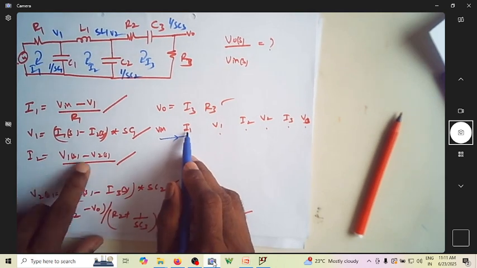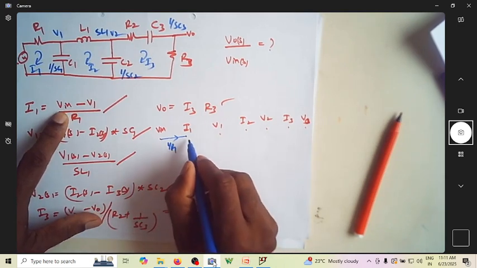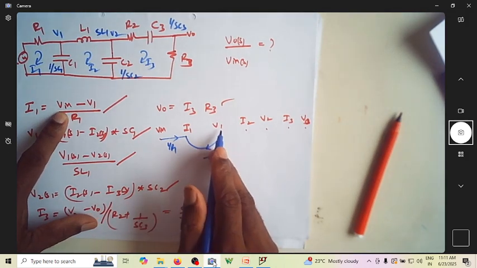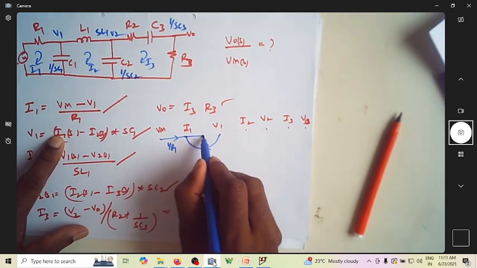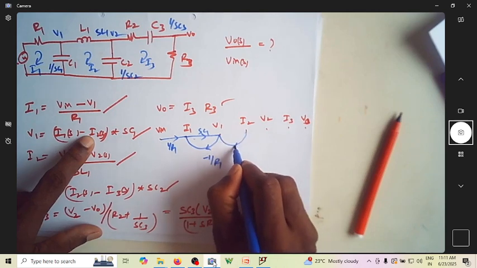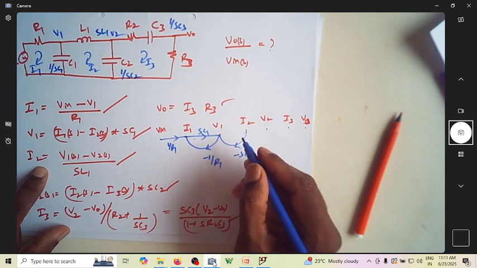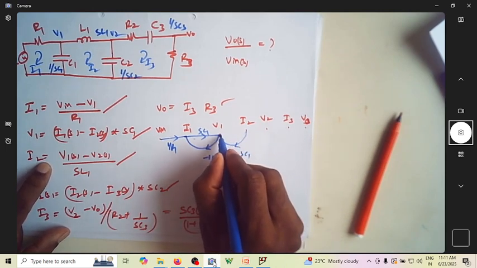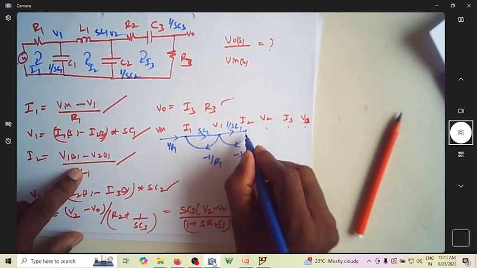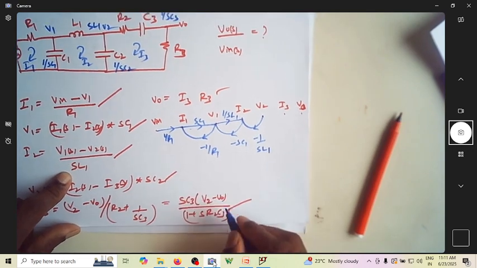I1 is Vin by R1 and this minus 1 over R1. What is V1? It is I1 into 1 over SC1 and it is minus SC1. What is I2? I2 is V1 into 1 over SL1 and it is minus 1 over SL1.